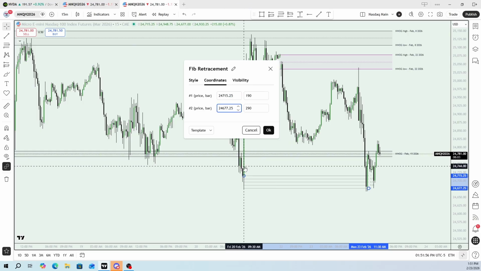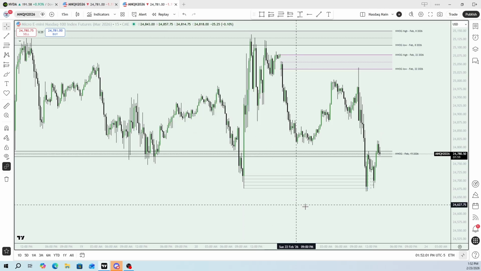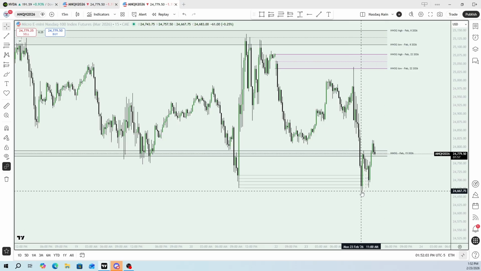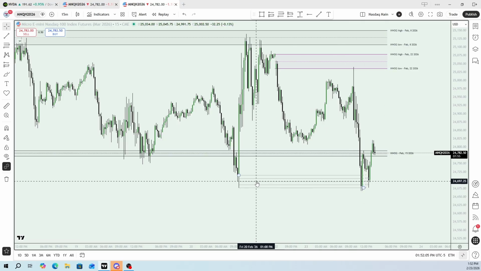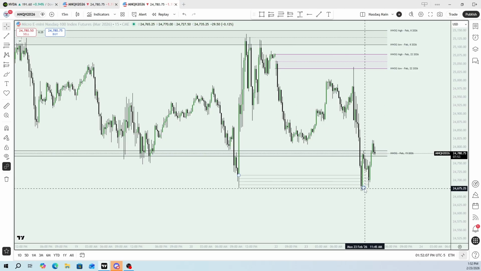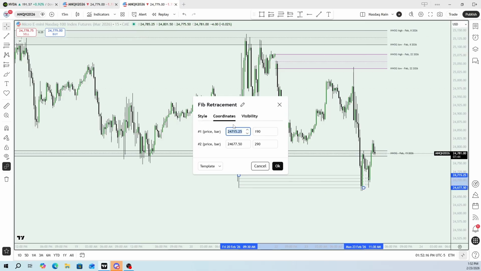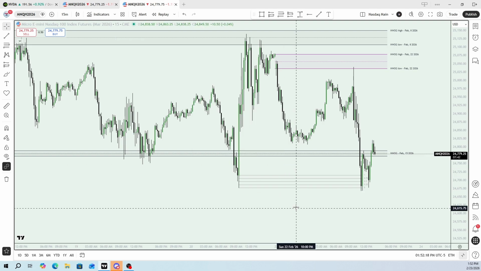Whoa. The low comes in at 77 even. Okay, cool. All right, so we can take that, and then we can know that the 0 level on the fib is the sell side liquidity pool. So this low. So now we drop down to that Fibonacci level. Once we see the 0 level, we'll also note that as sell side liquidity pool.